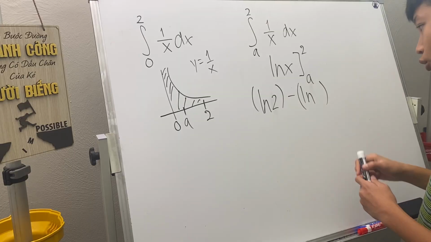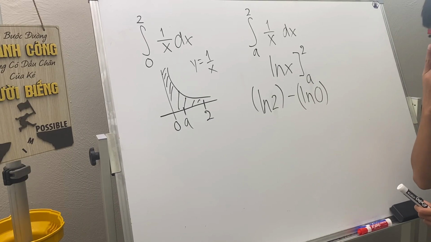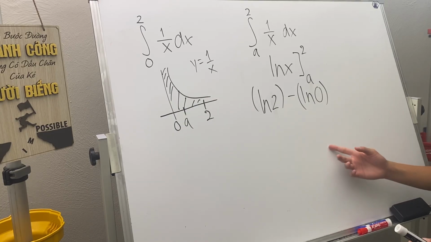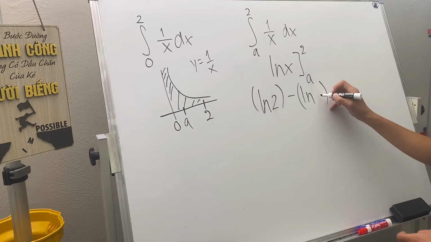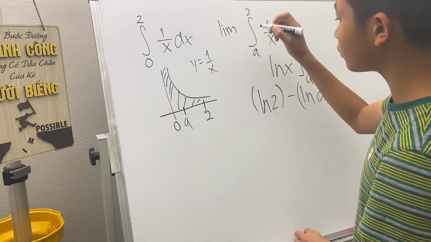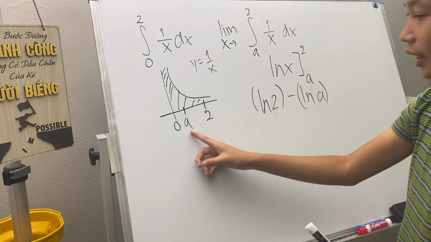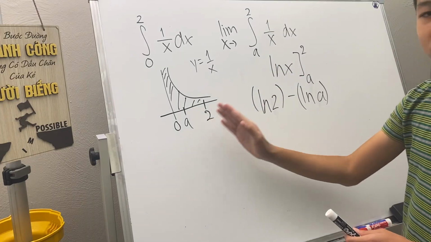Well, a is actually 0. Let's do the original question. Now, since it's an improper integral, you gotta take the limit. Technically, you take the limit as a approaches 0 from the right side.